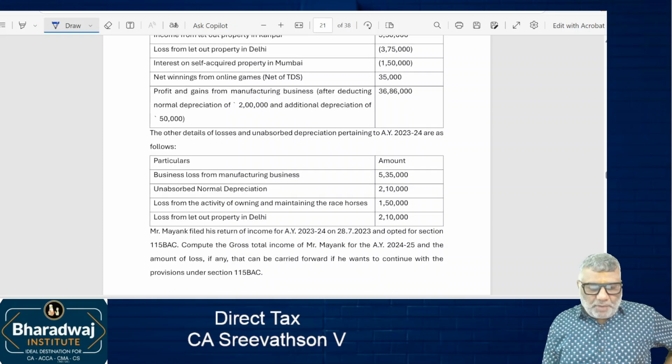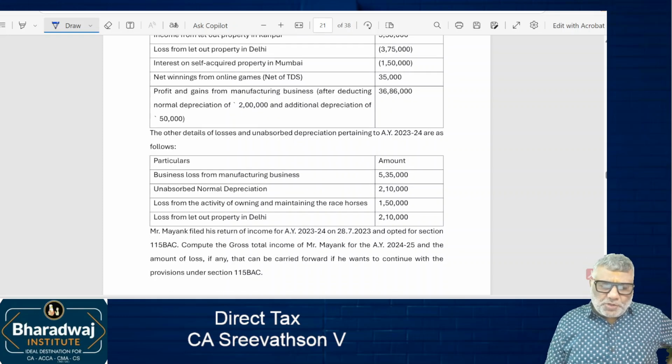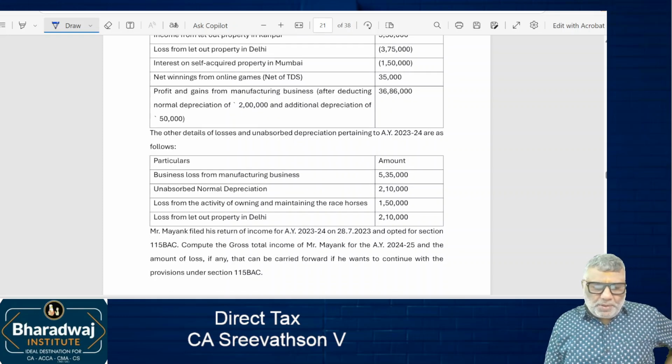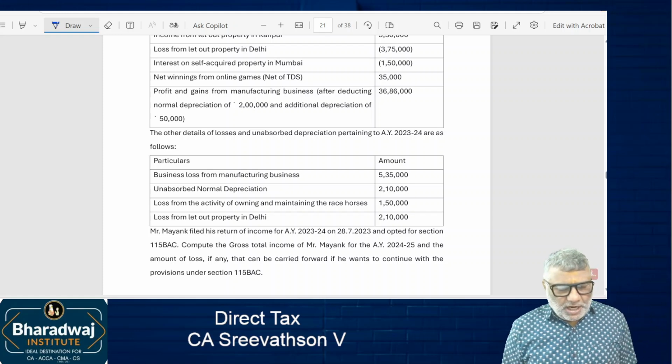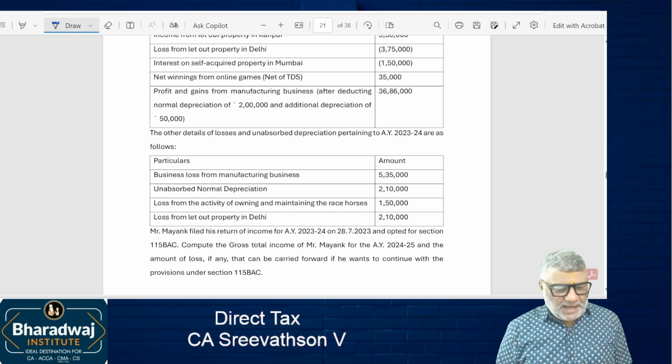The other information: business loss from manufacturing, unabsorbed depreciation, loss from the activity of owning and maintenance of racehorse, loss from let out property in Delhi.